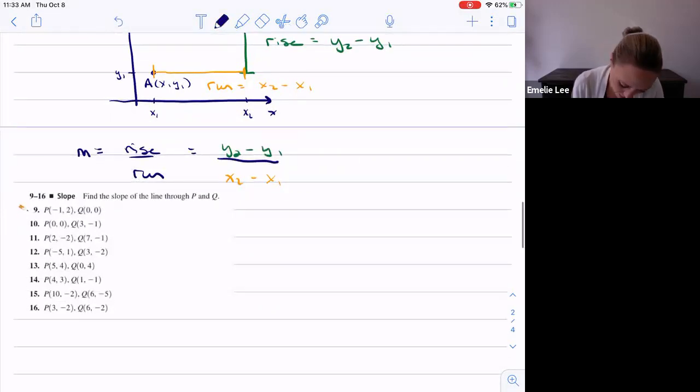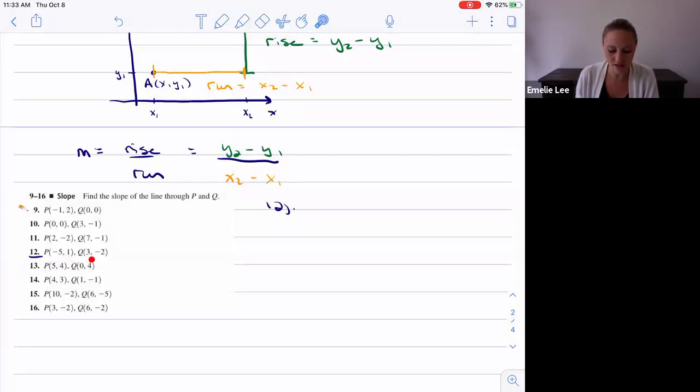And we'll just pick one here. Let's do 12 together. So if you've got a point P and a point Q, pretty typical names for points, P and Q, doesn't matter. If P is negative 5, 1, that means X is at negative 5 and Y is at positive 1.